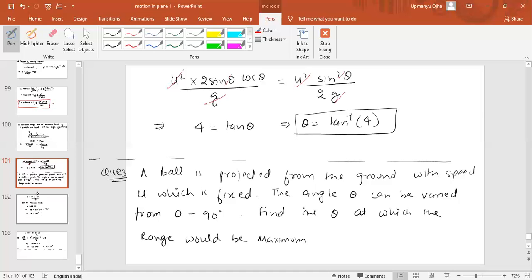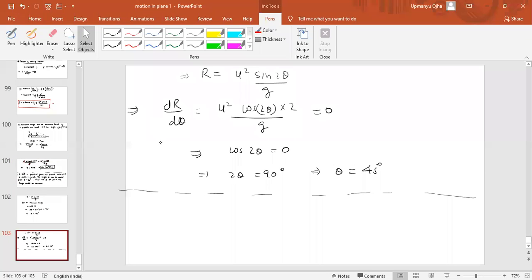The second method: range equal to u square sine 2 theta by g. You can differentiate with respect to theta because theta is a variable here. Theta can be changed. If you remember the maximum minimum condition, if you differentiate a function, range with respect to theta, we'll get the maximum value.